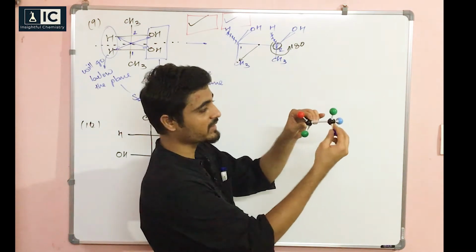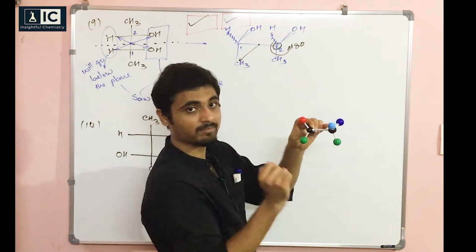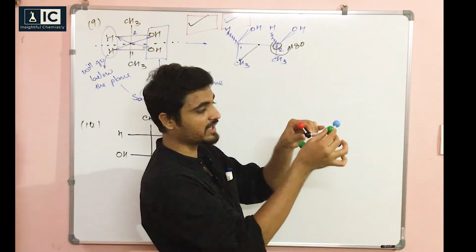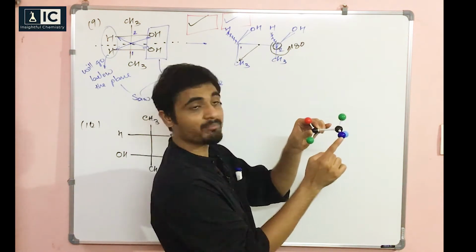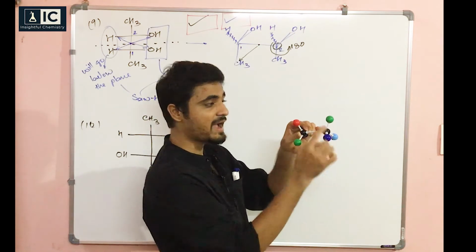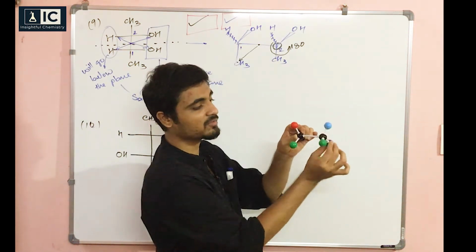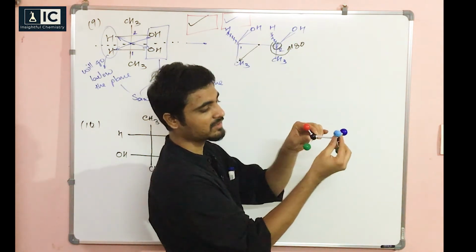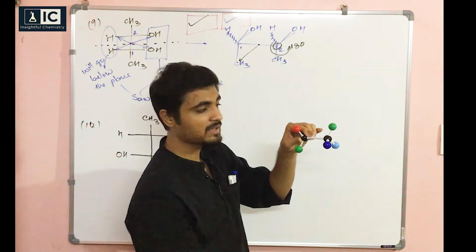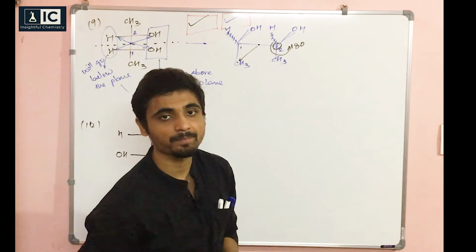Pay attention to that. Before rotation, navy blue was behind the plane and this was in front. When you do a 180 degree rotation, the back one comes in front and the front one goes in back, and the one which was in the plane remains in the plane. Green was in the plane, and after rotating 180 degree, it will be in the plane. But above goes below, below comes above.